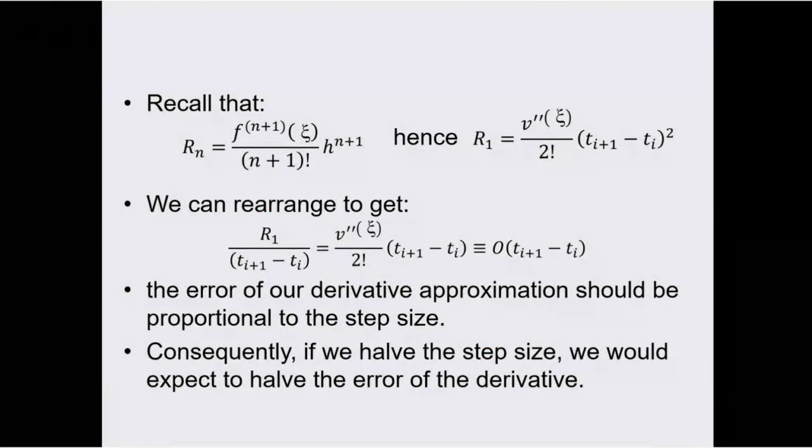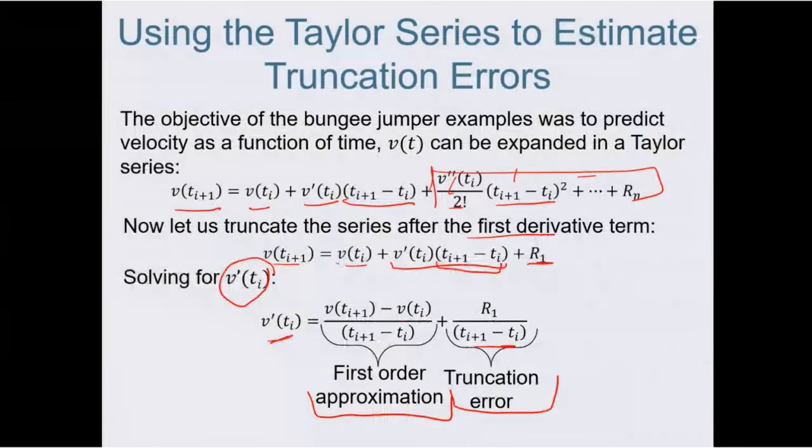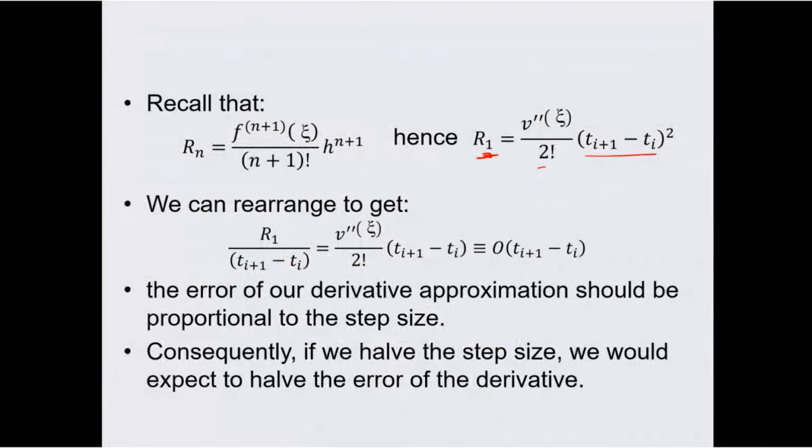Now remember that the first derivative remainder term is the second derivative divided by 2 times ti plus 1 minus ti square. We substitute that from here. If we take ti plus 1 minus ti here, then this square will cancel because one of them we have taken down here.